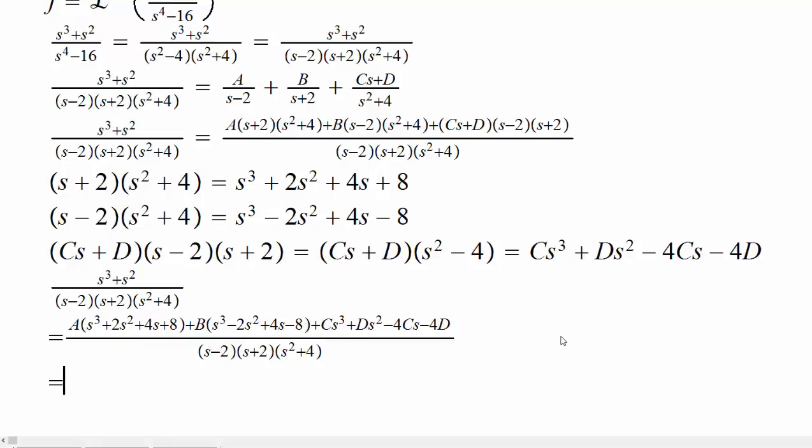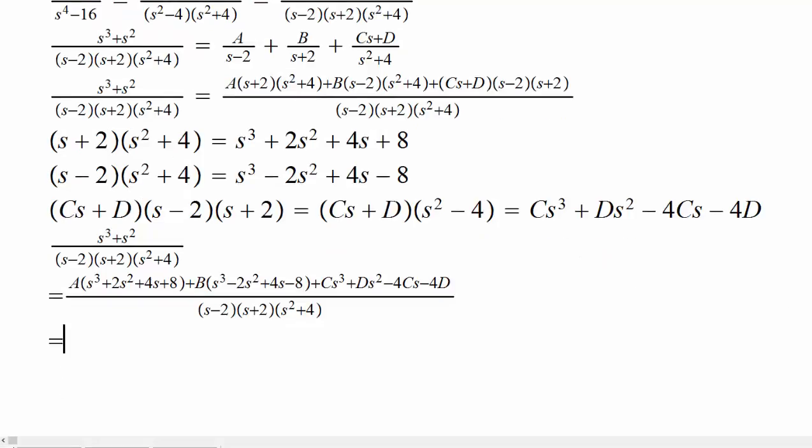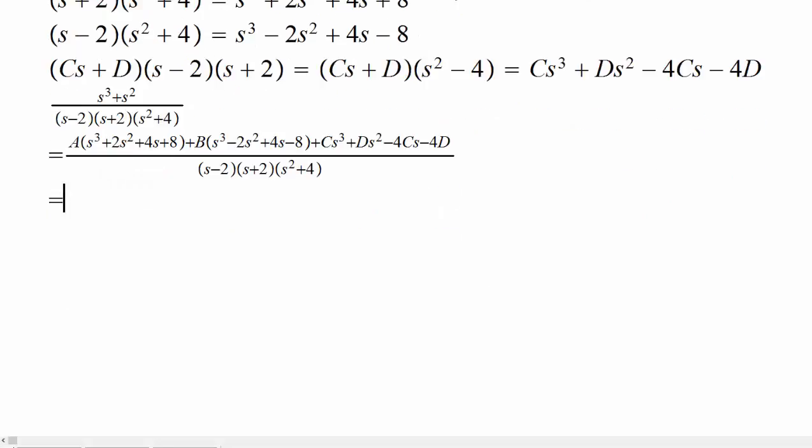Okay, now we will collect the coefficients of s cube, s square, s, and the constant that's left over. So for s cubed, what do we get?